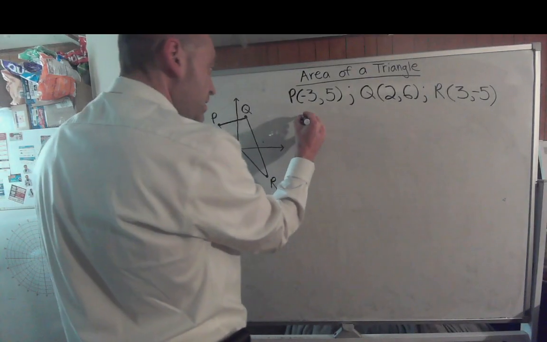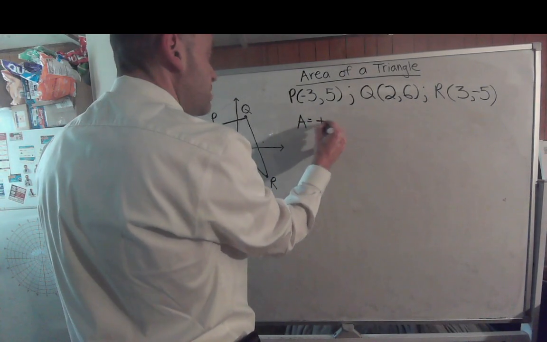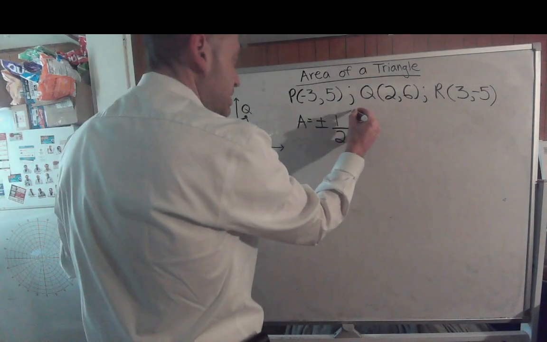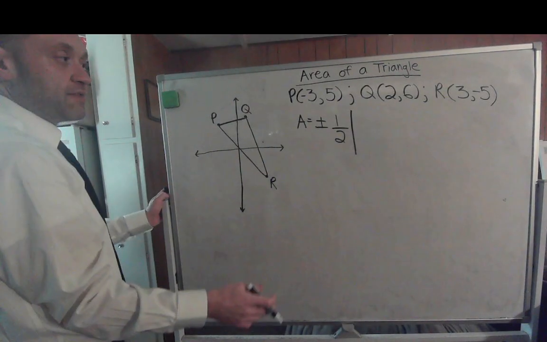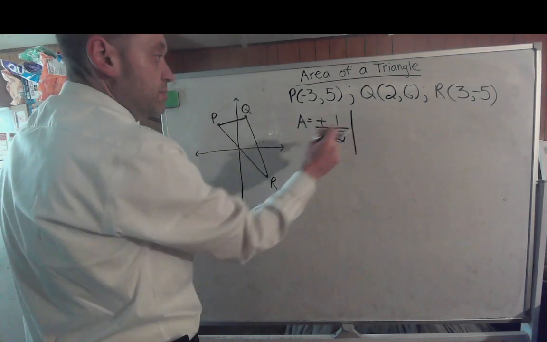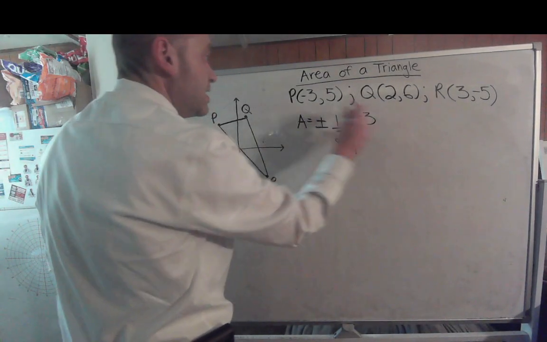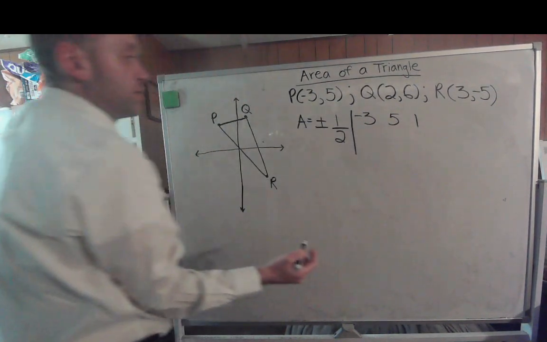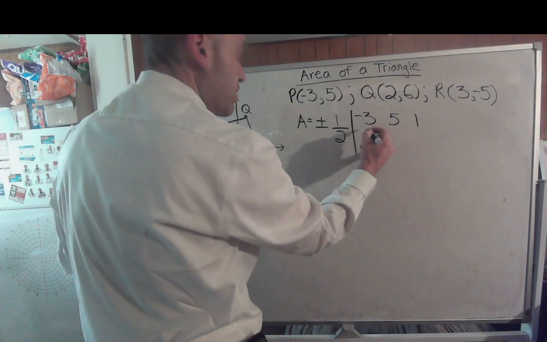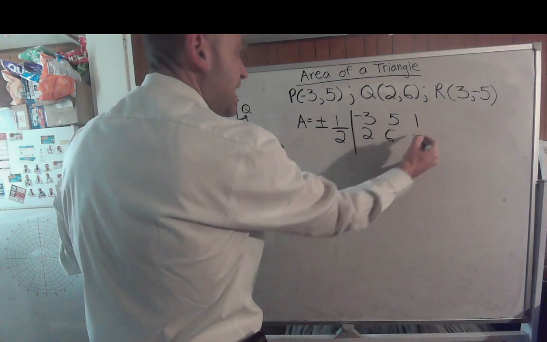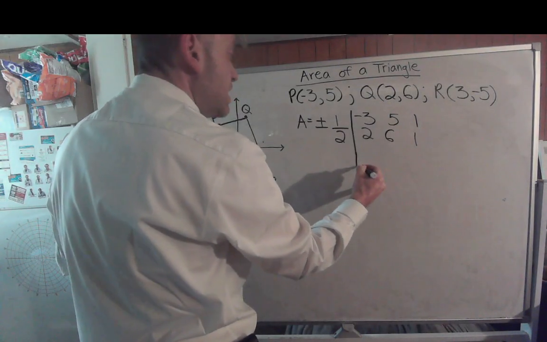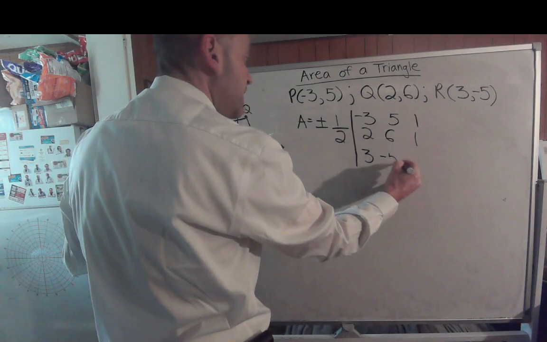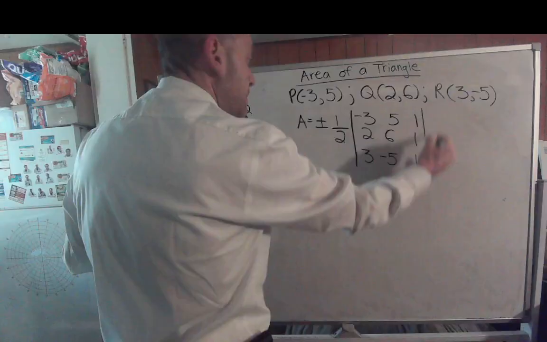So again, the area equals plus or minus 1/2, and we'll know which one we need to use when we get the value of the determinant. Plus or minus 1/2 times your first row in the determinant would be that -3 and 5 for your first coordinate, and then always put a 1 for your third entry in the row, and then your Q coordinate of 2, 6, and then add a default 1, and then your R coordinate of 3, -5, and add a default 1.